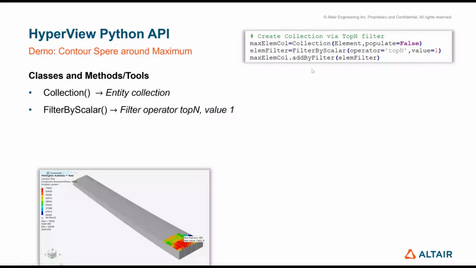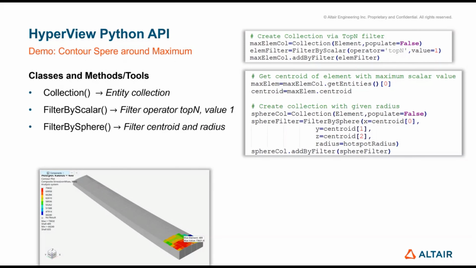And I have then filled this collection with this top 1 element. The next step, I get from the collection the entity list, get the first element and the centroid of it. Then I created another collection also of entity type element, and also with populate false.